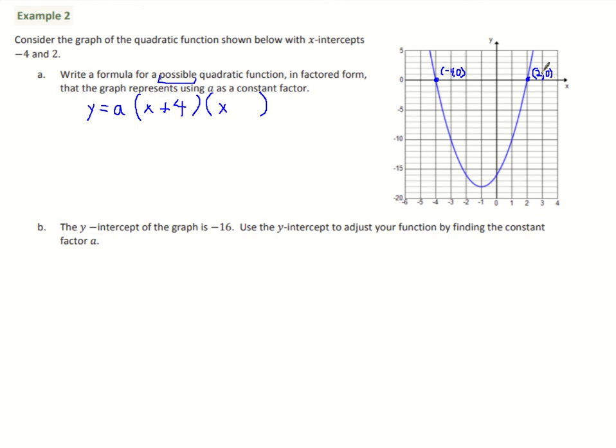If I have a +2 here, I'm going to have to subtract 2 if I want that x-intercept. So a possible quadratic formula would be y is equal to a times the quantity of x plus 4 times the quantity of x minus 2.